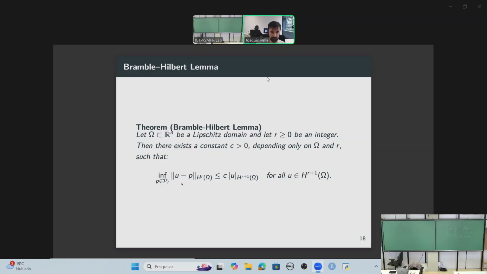And this inequality says that if I take polynomials in our polynomial space and I look for the one that minimizes the Sobolev norm of order R, so the Sobolev distance to a function, then this can be bounded by this constant C and the H^(R+1) semi-norm of U.